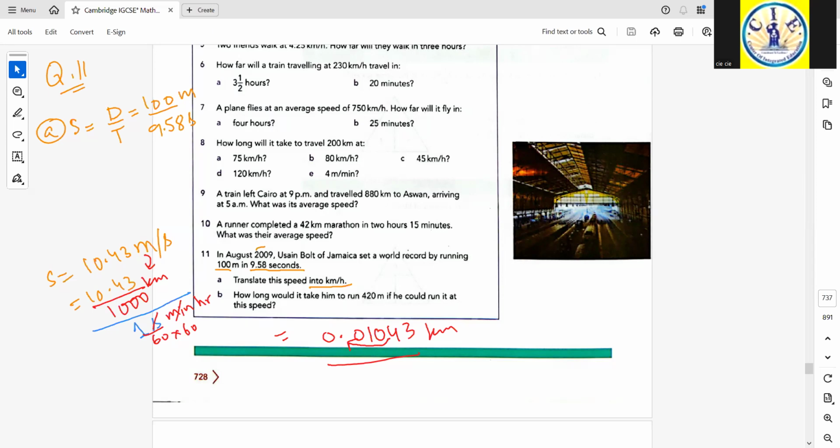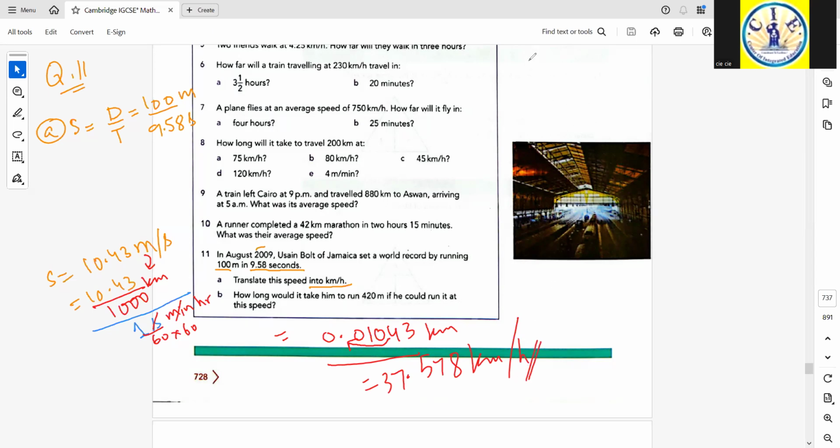So when we divide them, we get the answer to be 37.578 kilometers per hour. That's the answer to part A.